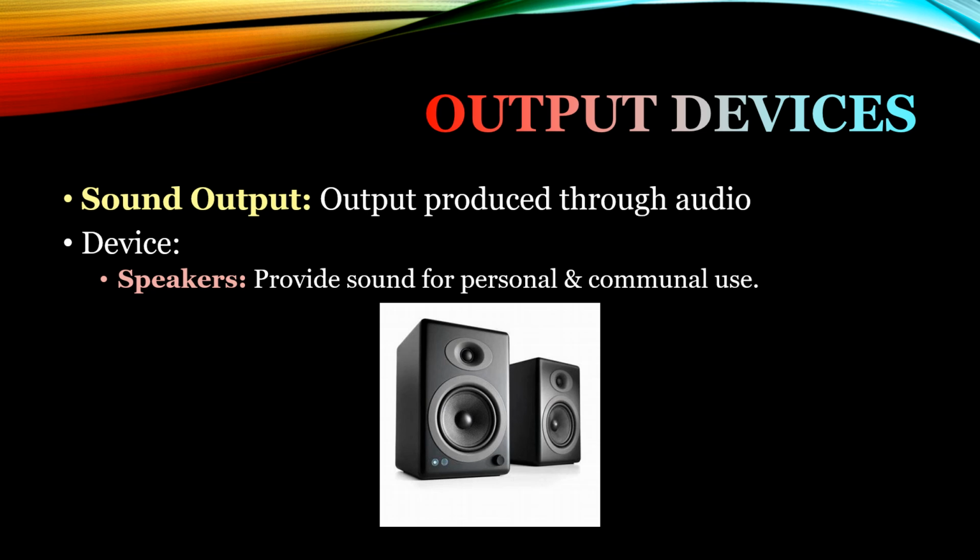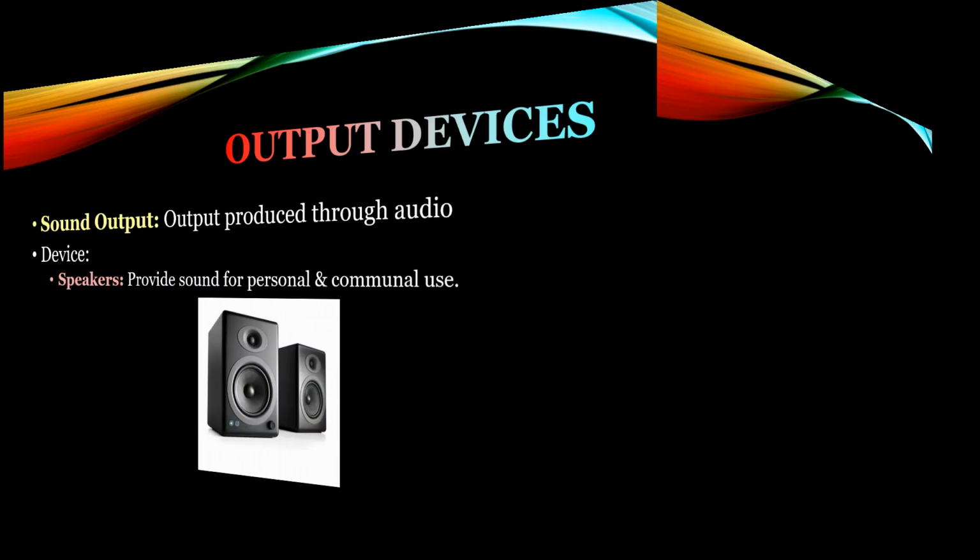Finally, we have sound output. This is produced through devices called speakers. Speakers can be used for both personal listening and in common areas for group experiences. They play an essential role in making digital content more engaging.